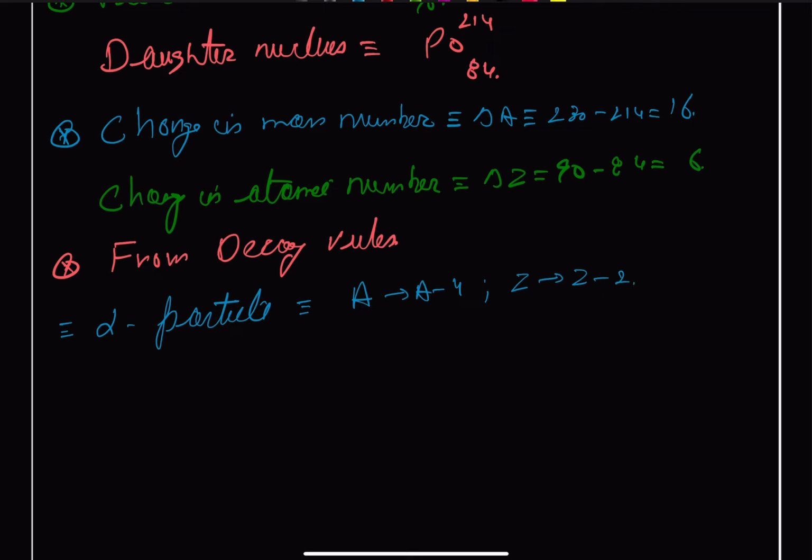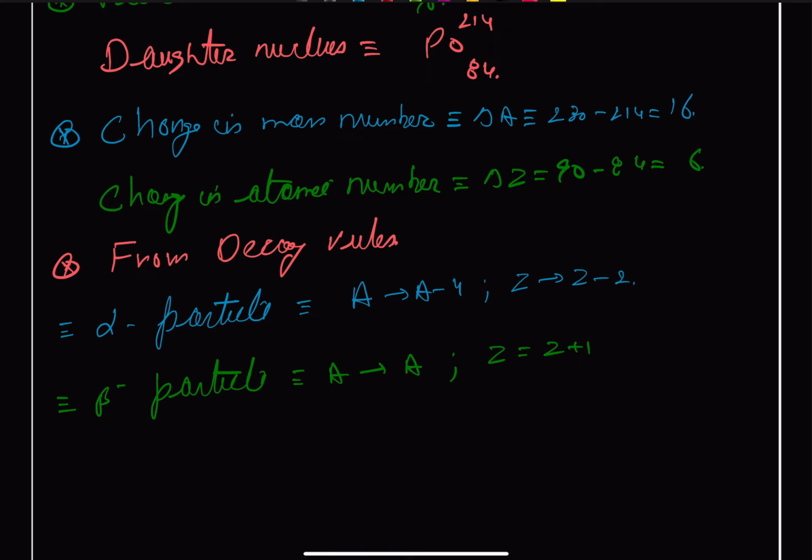And for our beta minus particle, our mass number remains unchanged, and our atomic number is increased by 1.